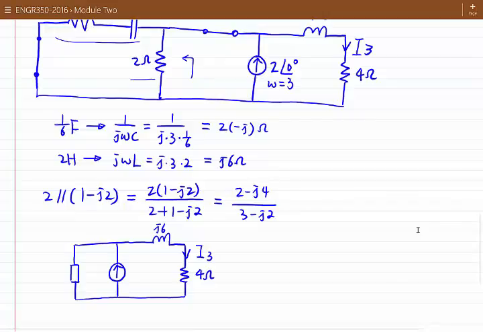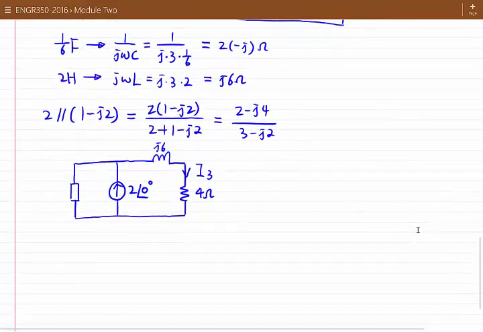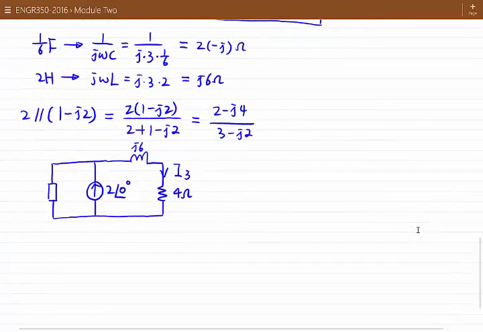So the current source here is 0 degree. Okay, so how do we calculate I3? We can use the current divider.